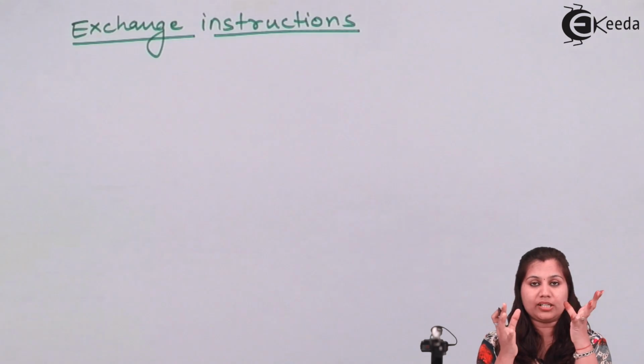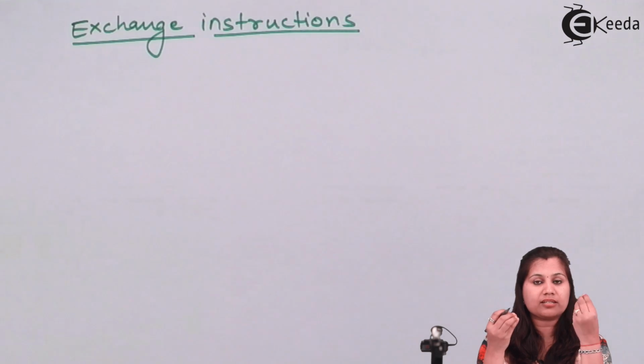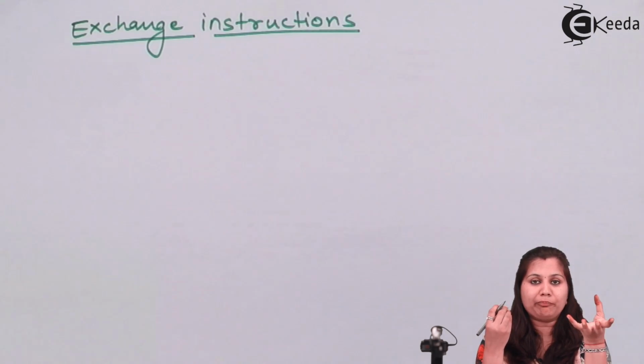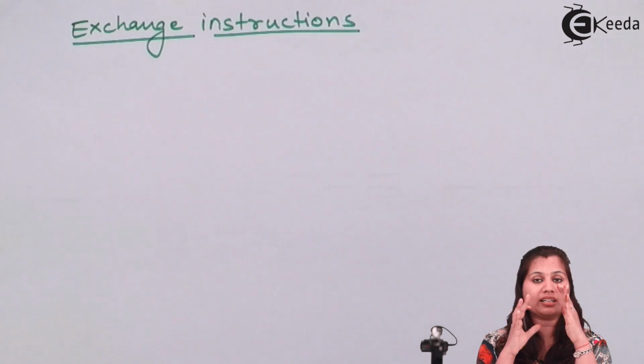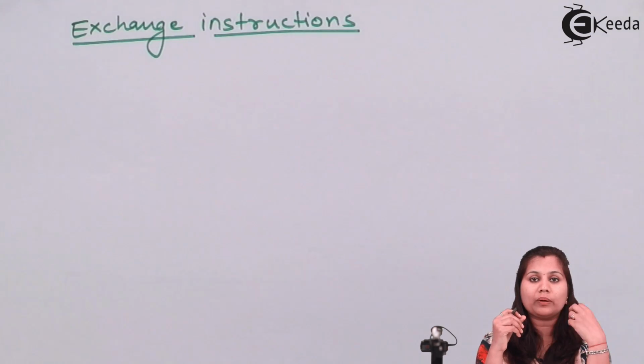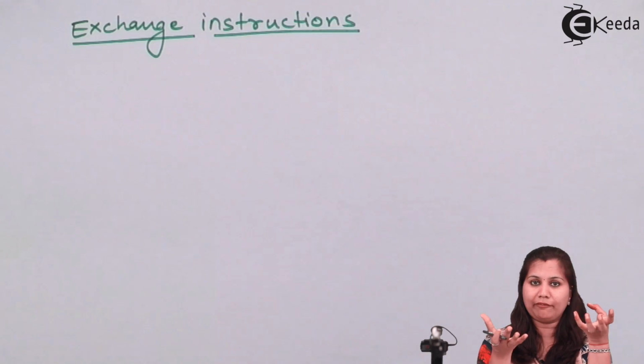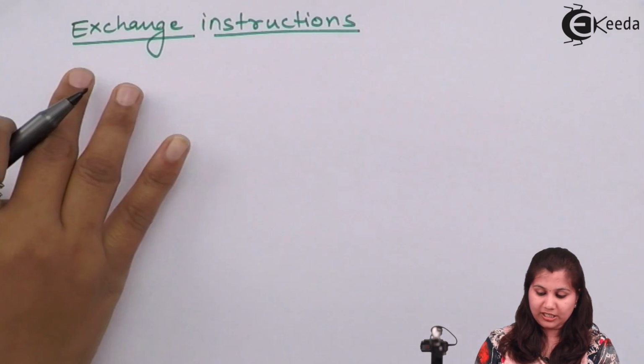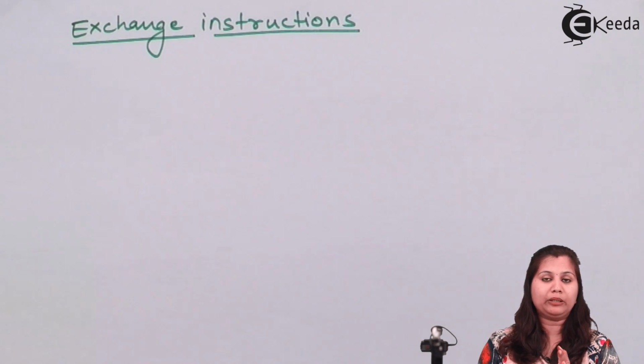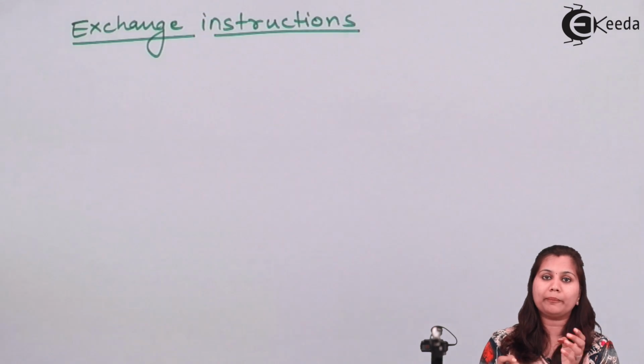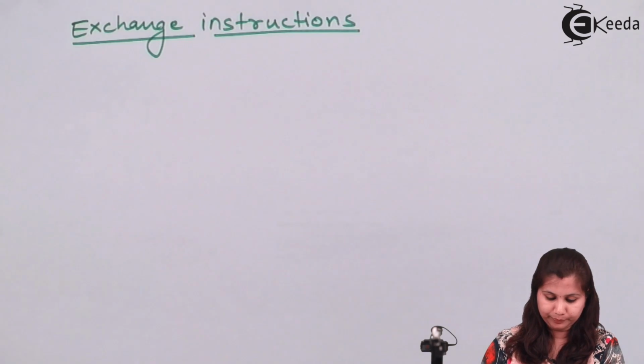They are only exchanged. Like we have two registers, register A and register B. A is having suppose 25, B is having 35. If their contents are exchanged, now A will have 35 and B will have 25. So exchange instructions can occur between two memory locations, or between two registers.